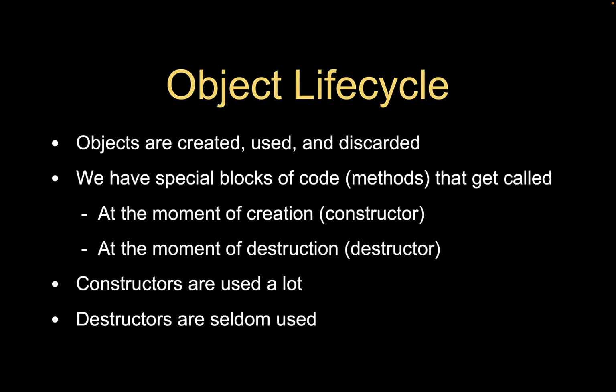And then there's another one that doesn't get used often at the moment of destruction. It's called a destructor. Constructors are used a lot. Destructors are used very infrequently. Okay, but it helps us to understand the life cycle. So we code one in the next bit of code that we have, and then we can kind of watch the life cycle a little more closely.